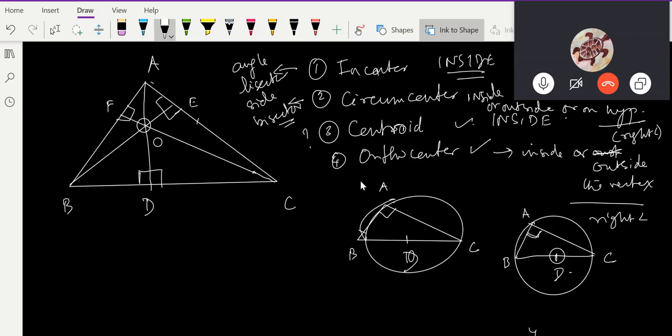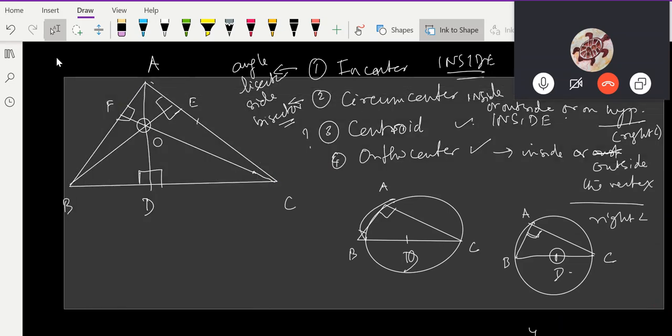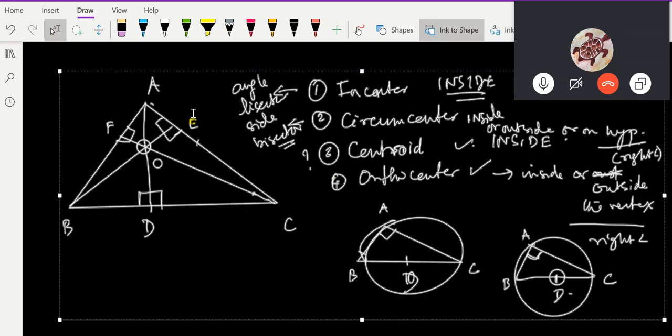And circumcenter and orthocenter can lie inside, outside, or on one of the vertices or on the hypotenuse. Clear? Yes, sir.